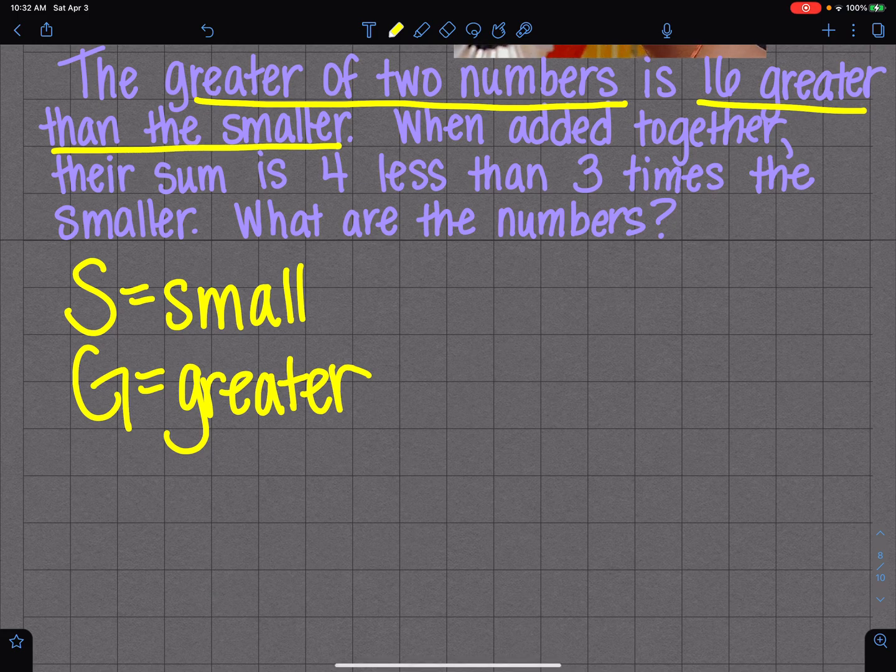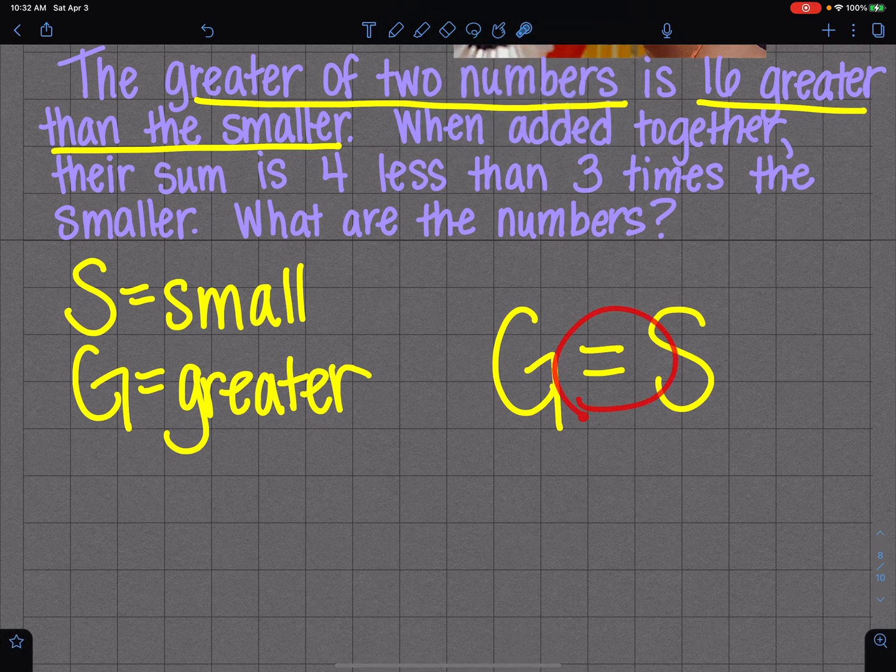So let's write something that we know is wrong. G is equal to S. Now, it's very tempting to add the 16 to the greater side, but that wouldn't make sense, would it? Because if I want them to be equal, then I have to add 16 to the one that is smaller in order for the smaller one to equal the greater one.